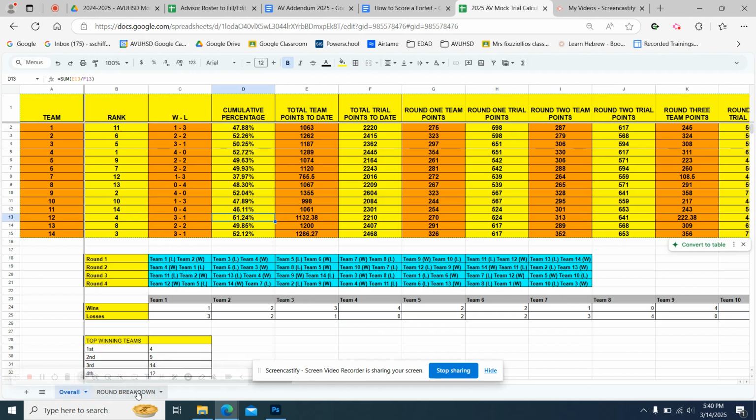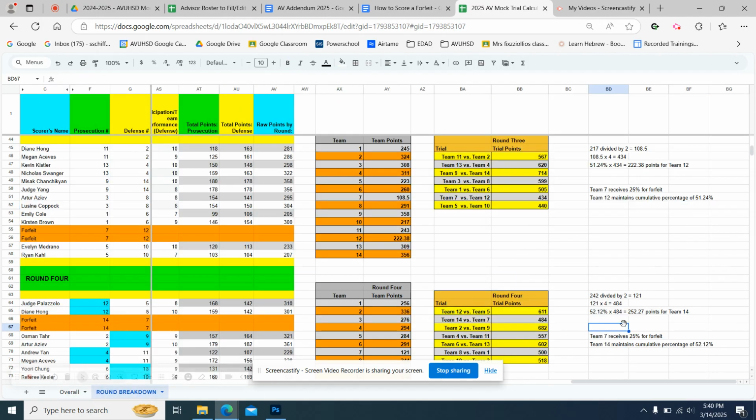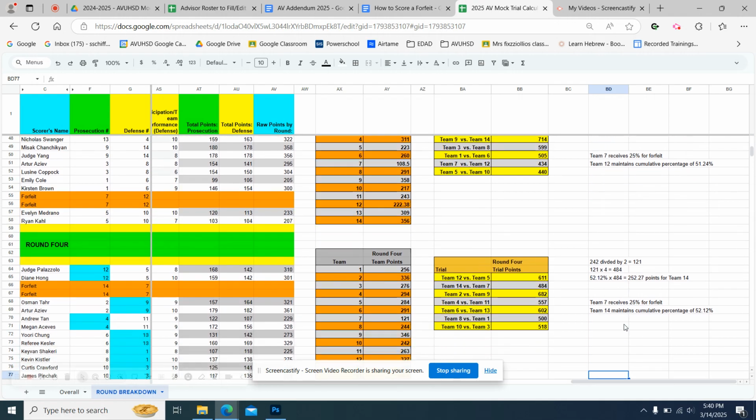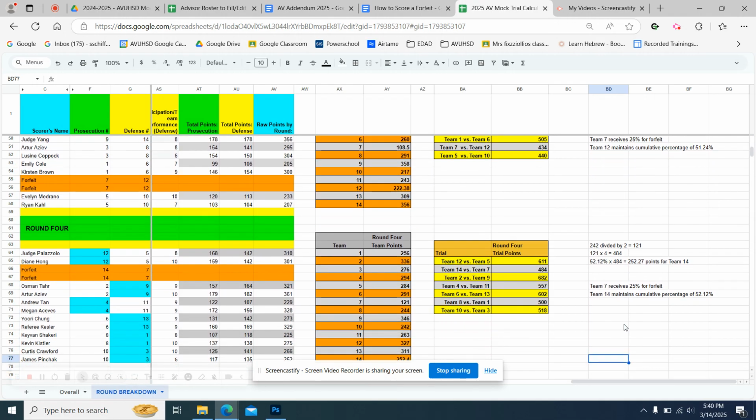For the next round, where there was a forfeit, the only problem with what we're doing is the decimals, but at least we're concentrating on the cumulative percentage, which is the crucial thing for the winning team of the forfeit.